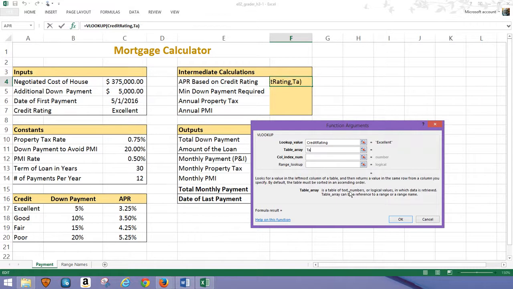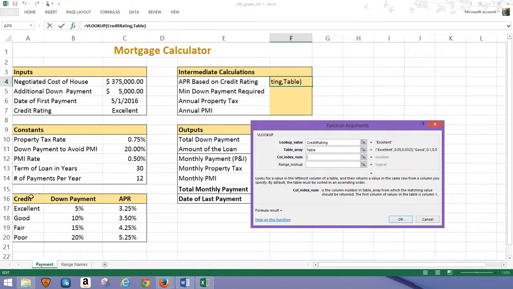And so we want to look in table. Notice as soon as I put in table, over here it shows you all of the words that you're looking up in column 1. Then it shows the down payment percentage here and the APR, columns 2 and column 3. Okay, now it says column index. Well, we want the APR.